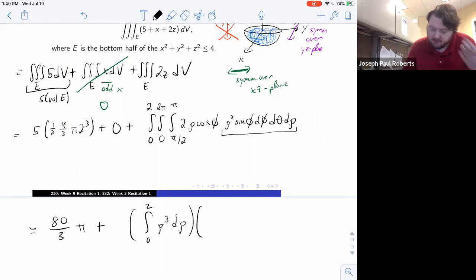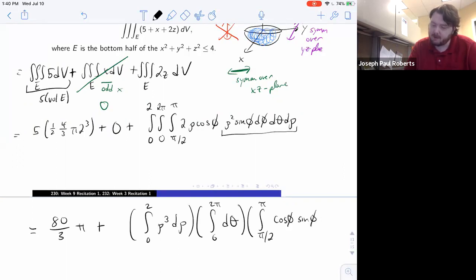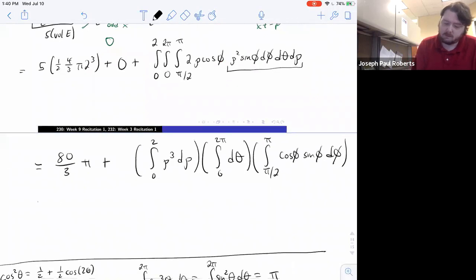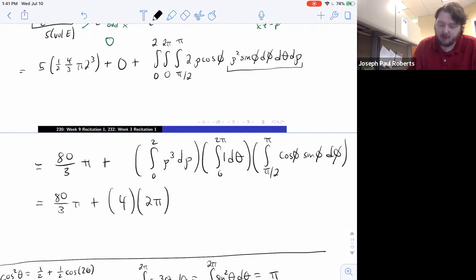Bounds are all numbers, so 0 to 2 rho cubed d rho times 0 to 2 pi of d theta times pi over 2 to pi of cosine phi sine phi. So 80/3 pi plus, well, rho to the 4th over 4 is 2 to the 4th over 4, so 4. Integral 0 to 2 pi of d theta. Be careful, there's this 1 hiding here. So the antiderivative is theta, so you end up getting 2 pi.